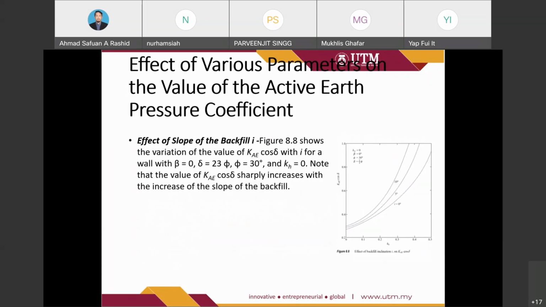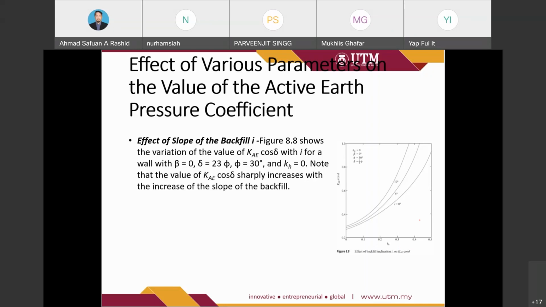The last one is the effect of the slope of the backfill. From here, we notice that the value of KAE cos delta sharply increases with the increase of the slope of the backfill. So when the KH is increased, the KAE cos delta will sharply increase.